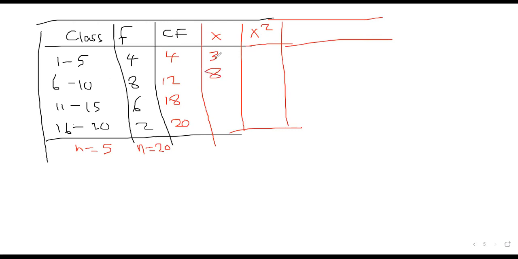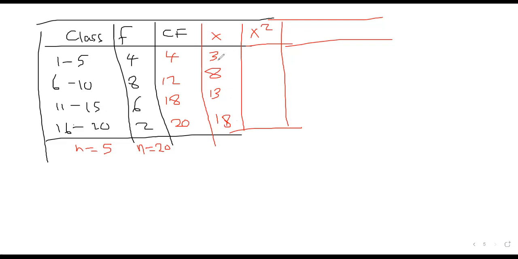You discover that the distance from here to here is the same 5 height. So the shortcut, just add the 5 throughout. So 8 plus 5, 13. 13 plus 5, 18. Or you just do the same way we're doing: 16 divided by 2, 8. 11 plus 15, 26 divided by 2, 13. 16 plus 20 divided by 2, 18.